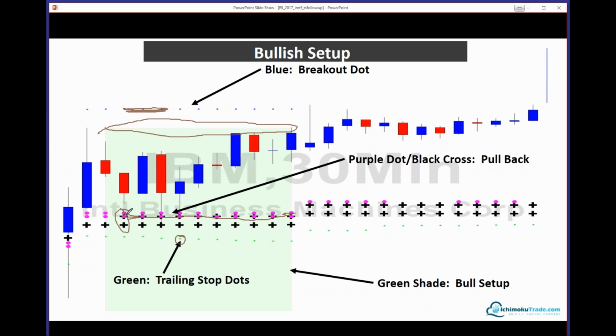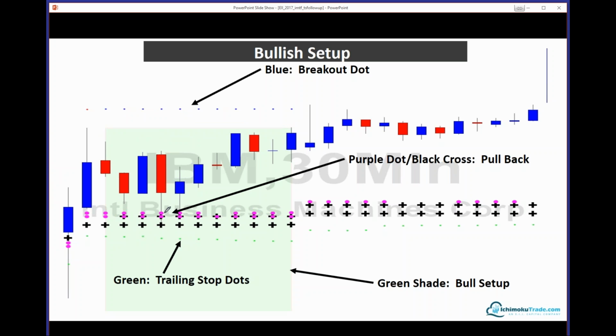So at that point you'll put a pullback trade there. Your initial stop would be here and moving forward. Okay, if you're a breakout trader, your buy entry would be here, your initial stop would be here, and once you enter the trade, the stops will start moving. Okay, so this is on both scenarios here.